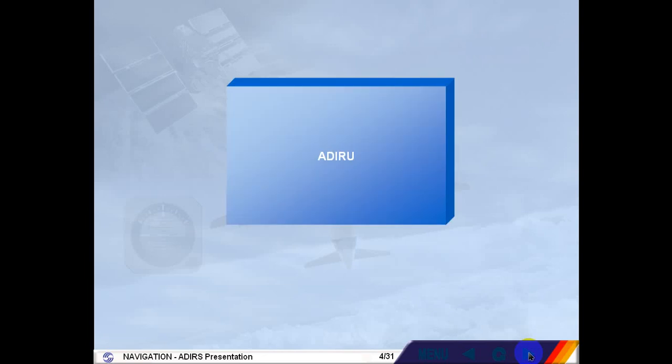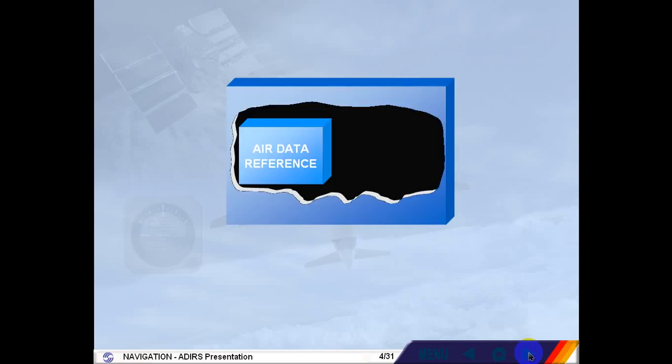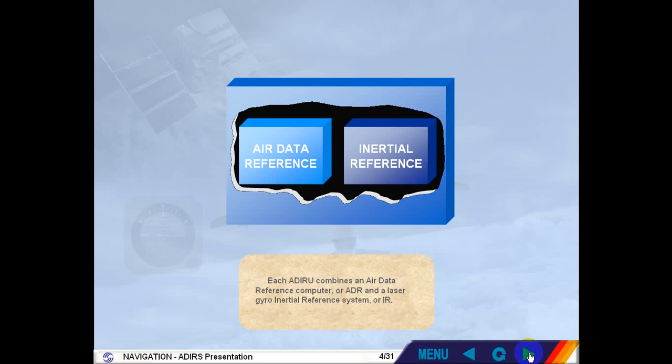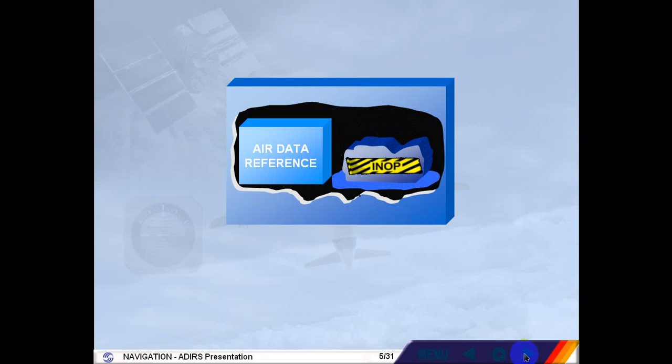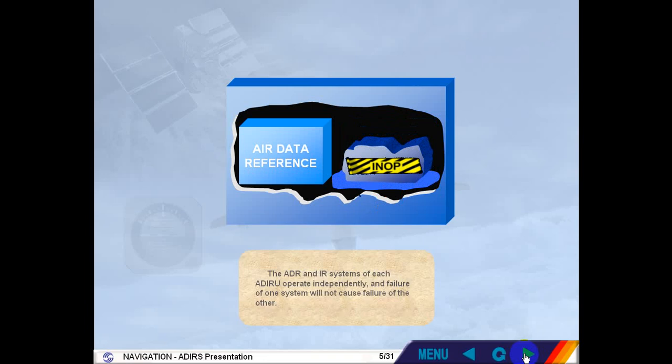Each ADIRU combines an Air Data Reference Computer, or ADR, and a Laser Gyro Inertial Reference System, or IR. The ADR and IR systems of each ADIRU operate independently, and failure of one system will not cause failure of the other.